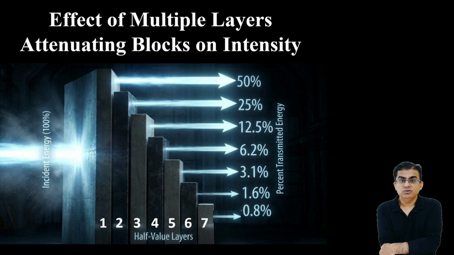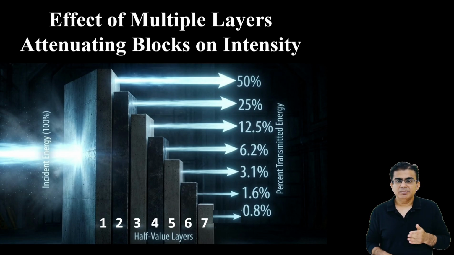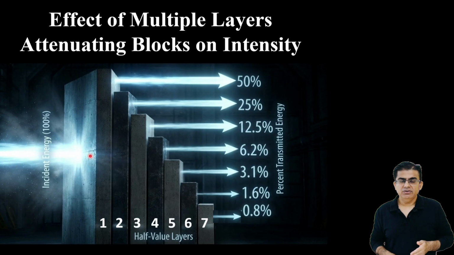Here is another way to clearly visualize this exact same continuous percentage drop. Please look at the multiple layers of shielding or attenuating blocks shown on your screen. These are the 7 HVL placed in the path of the incident beam. You can see the primary incident beam entering from the left at exactly 100%.